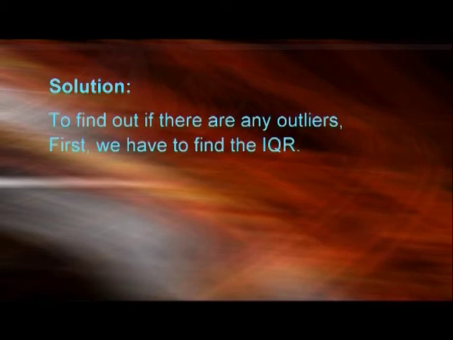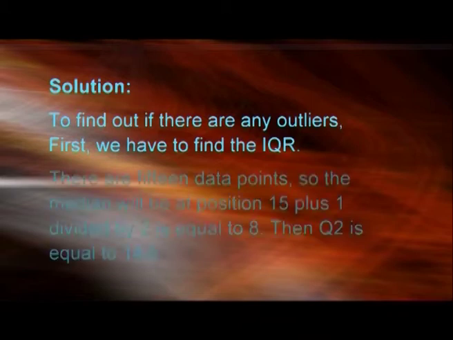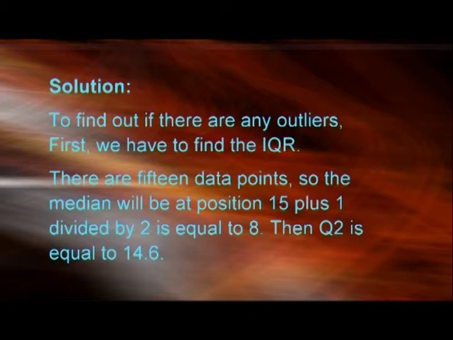Solution: to find out if there are any outliers, first we have to find the IQR. There are 15 data points, so the median will be at position 15 plus 1 divided by 2, which is equal to 8. Then Q2 is equal to 14.6.